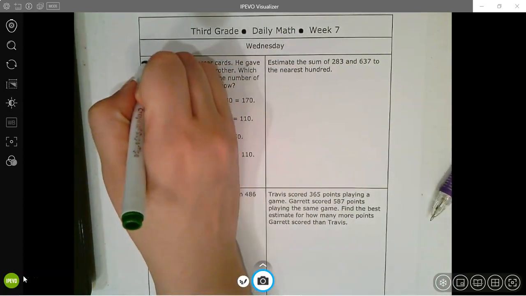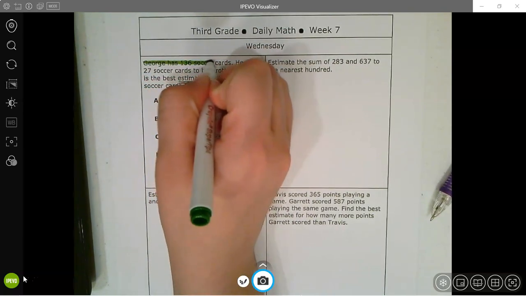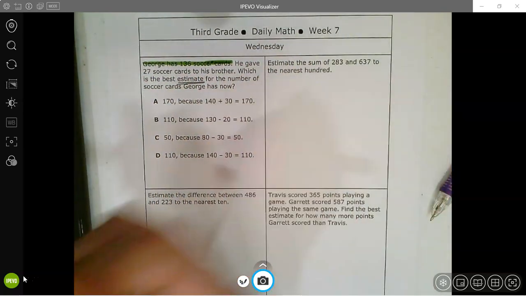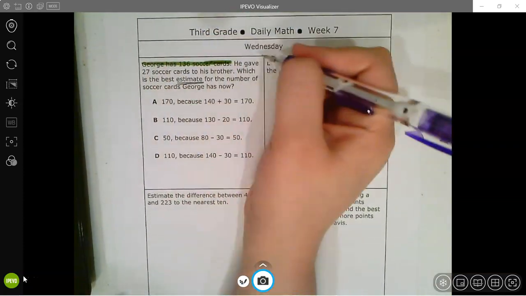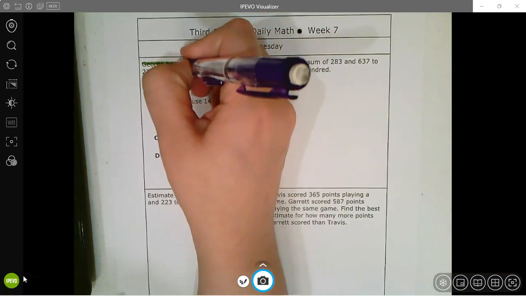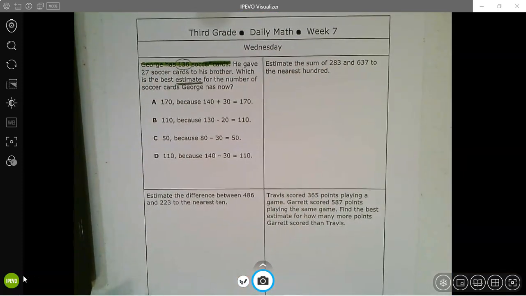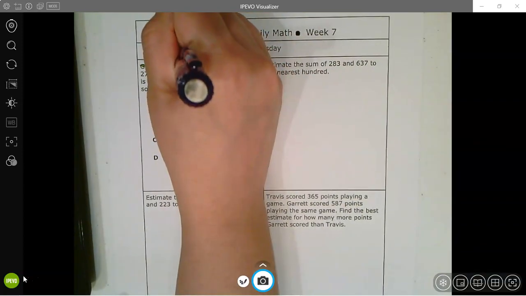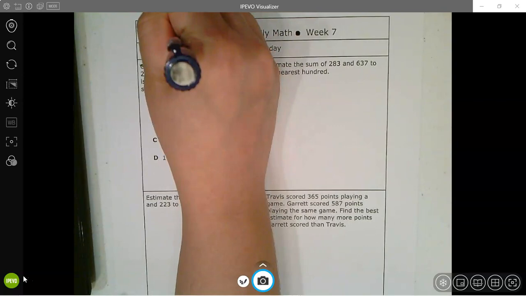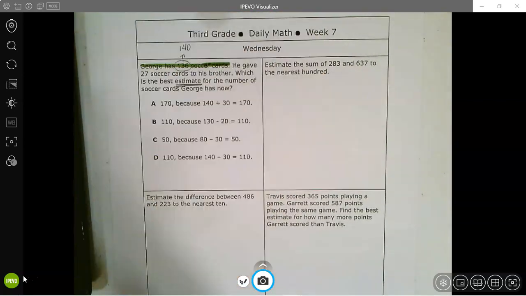So it says that George has 136 soccer cards. Ooh, that is an ugly green color. So I'm going to take 136 and think about what number it would be closest to if I round it. Well, 136 would be closest to 140.